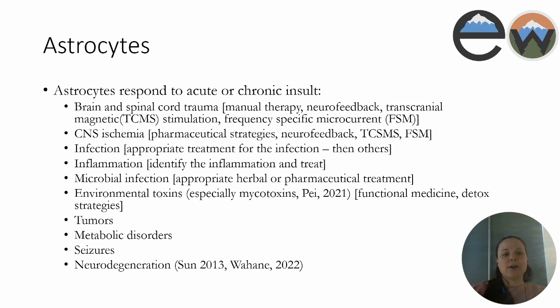When we're talking about CNS ischemia, so we have reduced blood flow to certain areas of the central nervous system, there are pharmaceutical strategies. There's neurofeedback and the transcranial magnetic stimulation again, and also the microcurrent, just because they can help re-regulate the nervous system with the vascular system.